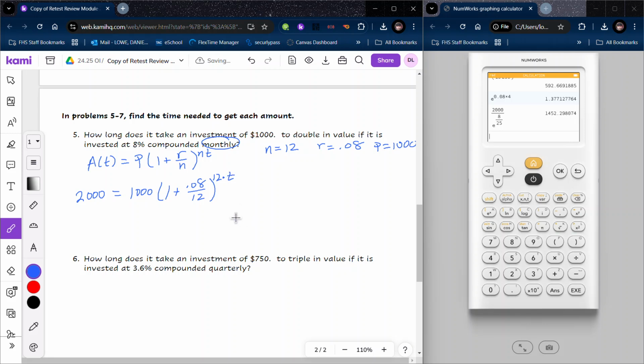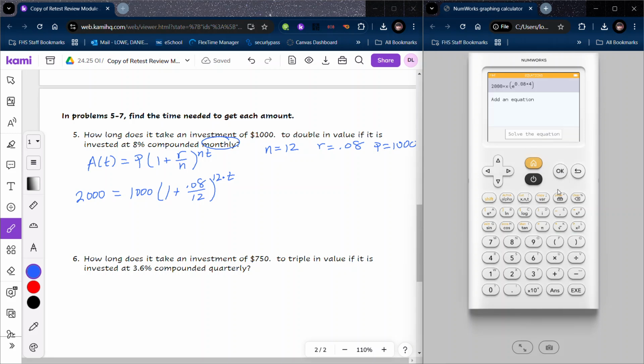That's my setup. On my calculator, I can go to home, go to my equations, and set in the equation. So 2,000 is going to be equal to 1,000 times (1 plus 0.08 divided by 12), close parentheses, but make sure that we have it closed correctly.